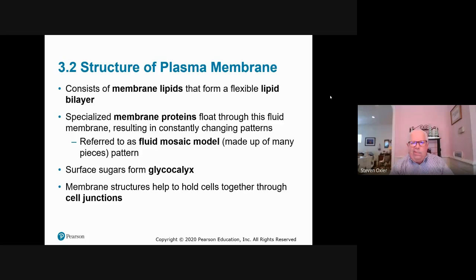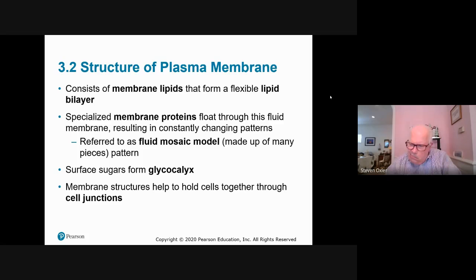And on this bilayer, there are membrane proteins that float through the fluid membrane, constantly changing its patterns. Also on this membrane are sugars, and they're on the surface, and they form what's called a glycocalyx.